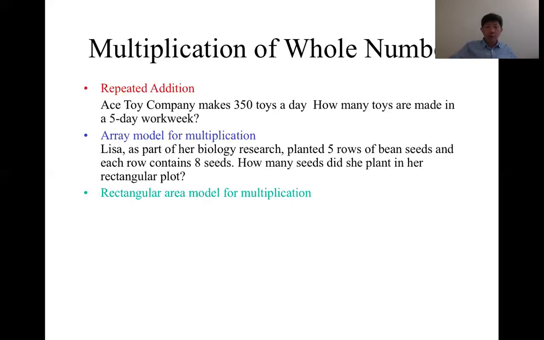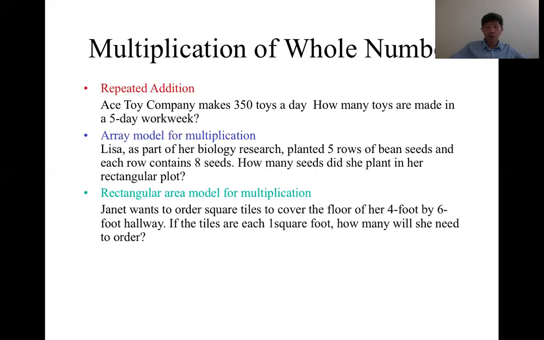Next example. Rectangular area model for multiplication. So here is a problem. Jenny wants to order square tiles to cover the floor of a 4 foot by 6 foot hallway. If the tiles are each 1 square foot, how many will she need to order?